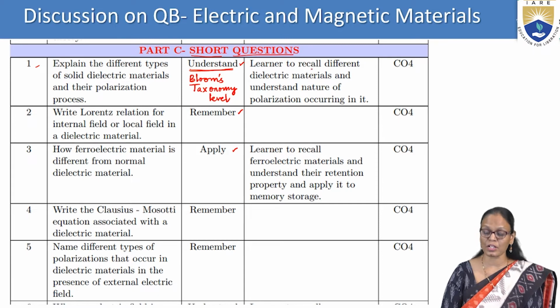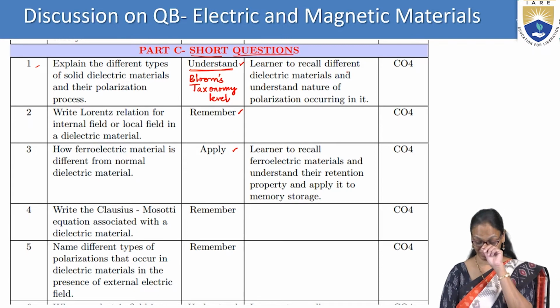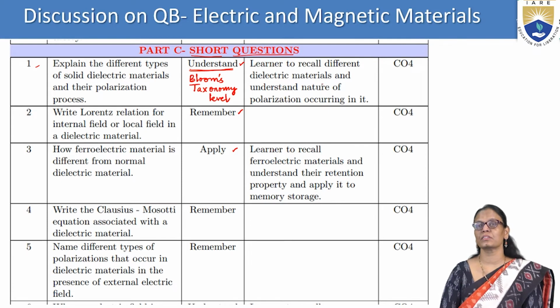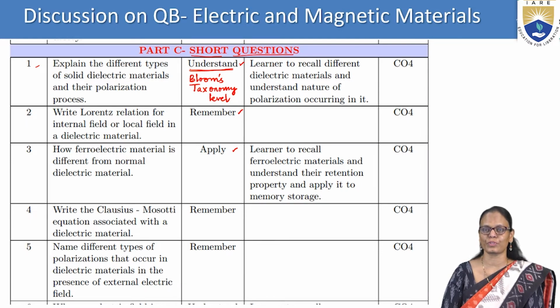And this next column talks about the prerequisites. To understand or answer this question, what are the prerequisites? What do you have to know before? So you will have to recall different types of materials and then understand the nature of polarization. And the last column talks about the course outcome.